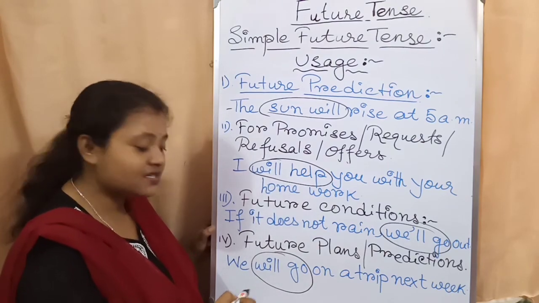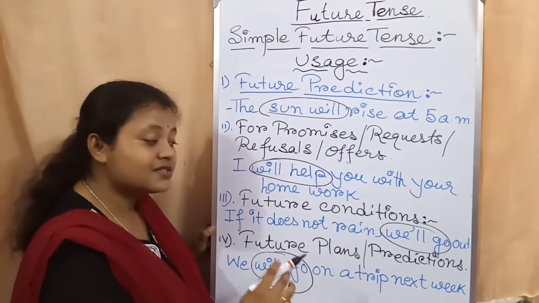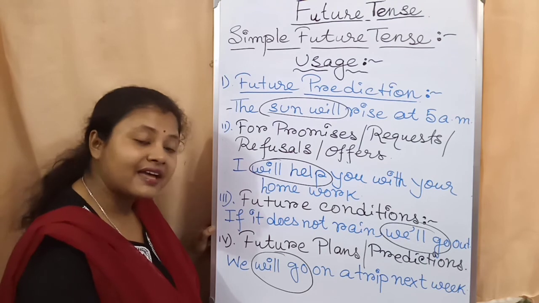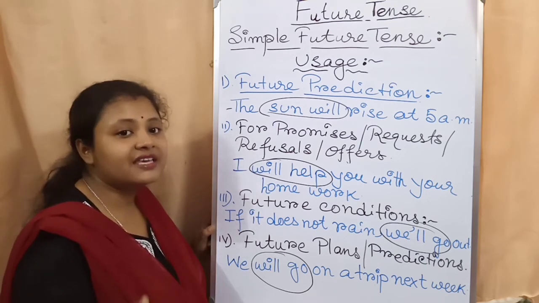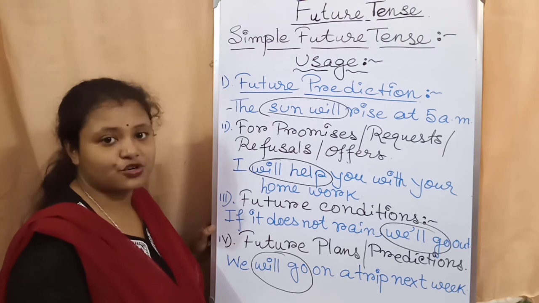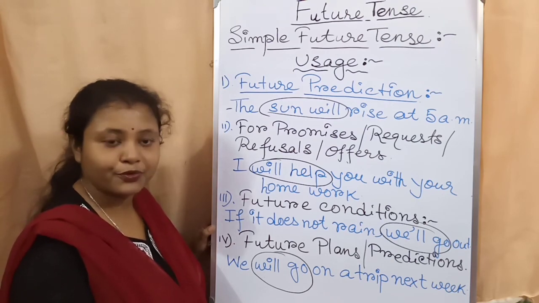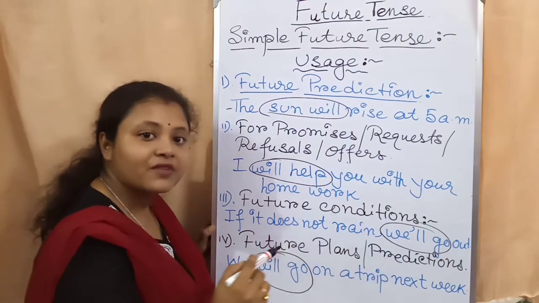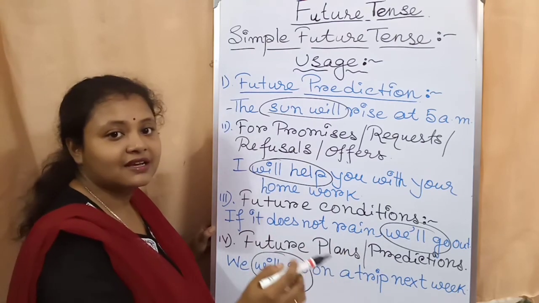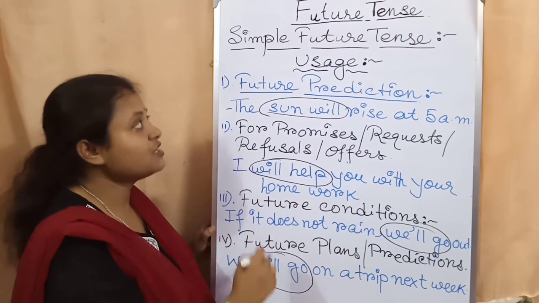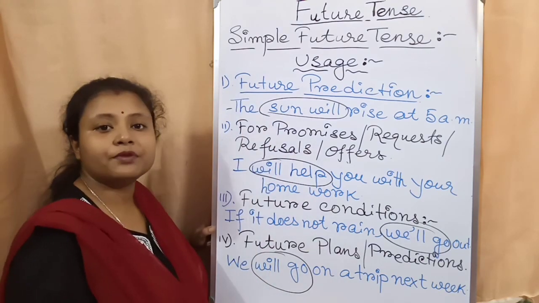Here in this sentence, will go. This is my plan. It is my plan that I will go on a trip, maybe a trip to Digha or Puri, next week. Understood, students? So here my future plans are referred to. That is why I have used simple future tense here.